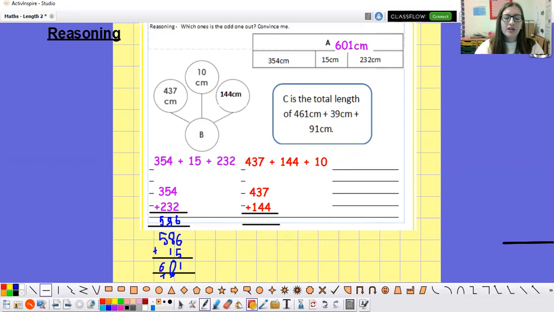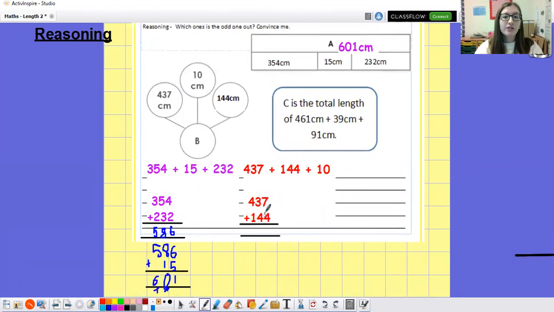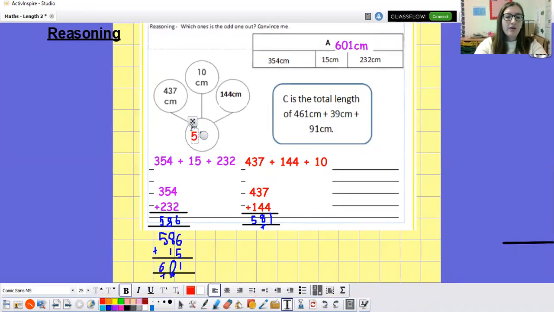So starting in my ones then, 7 add 4 is 11. Well done. 3 tens add 4 tens is 7 tens, add another one is 8 tens. And then 4 hundreds add 100 is 5 hundreds. And now I need to do 581 add 10. And I know 581 add 10 is 591. So for B, I should have got 591 centimetres.